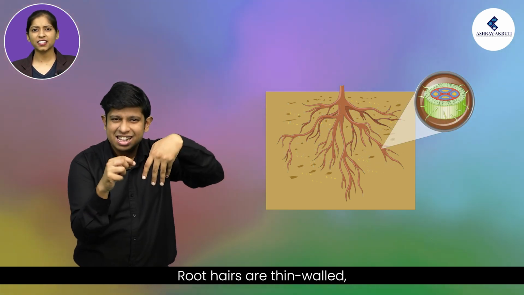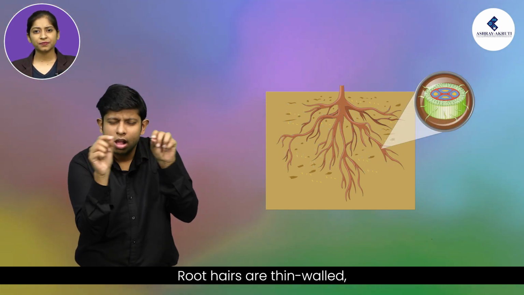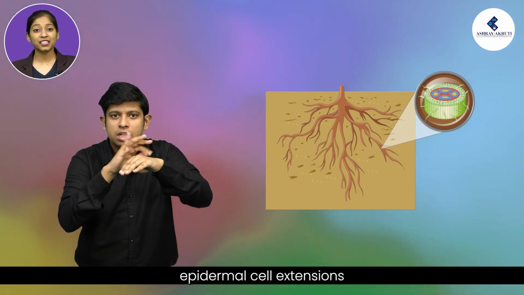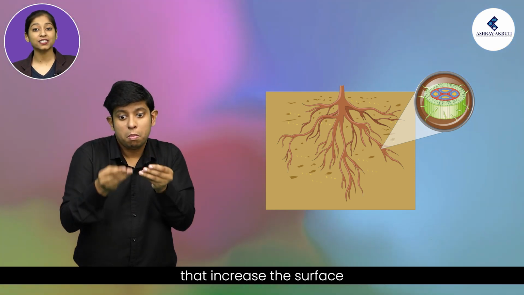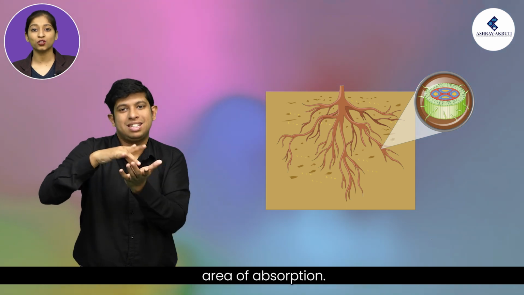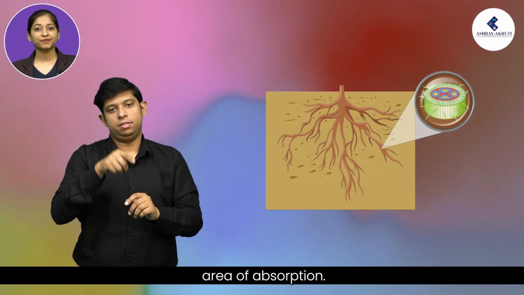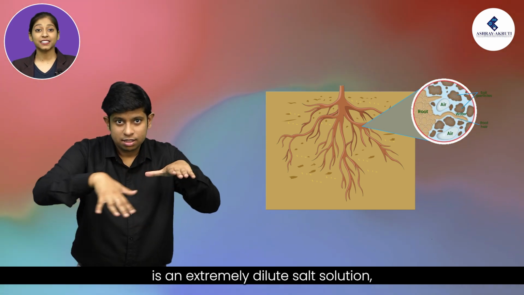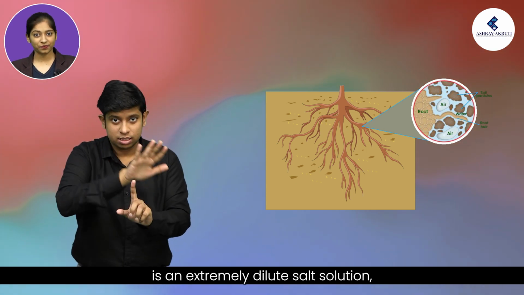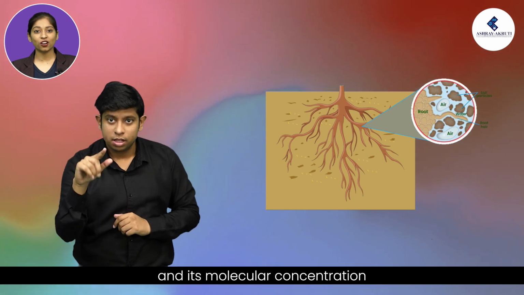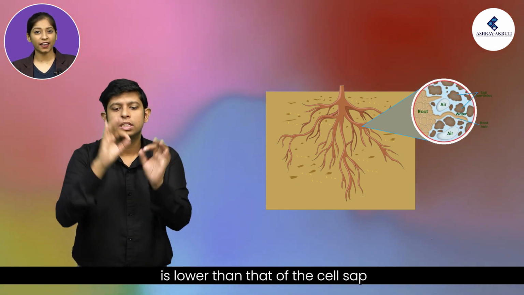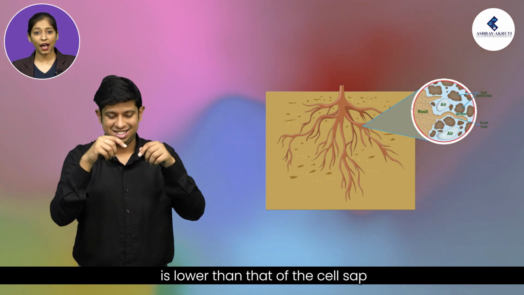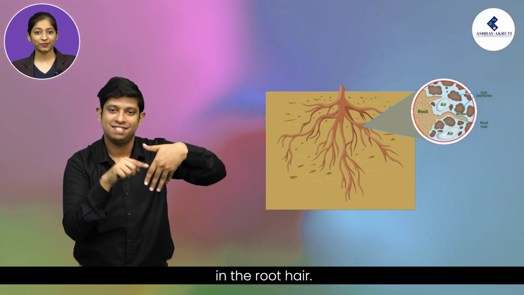Root hairs are thin-walled epidermal cell extensions that increase the surface area of absorption. The soil water is an extremely dilute salt solution and its molecular concentration is lower than that of the cell sap in the root hair.